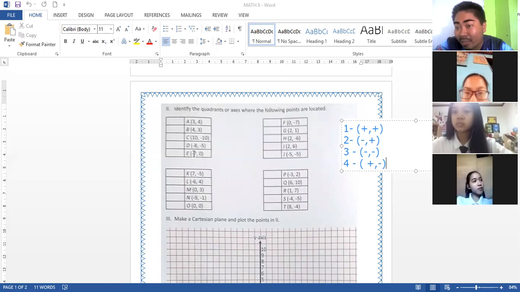Kapag X ang meron, ibig sabihin nasa X-axis siya. Therefore, ang sagot dyan is X-axis. Ganun na lang. Okay? Naintindihan ba? Basta nasa line siya, ibig sabihin, susulat nyo lang kung X-axis siya or Y-axis. Okay? Ganun lang. Susulat nyo lang 1, 2, 3, 4, X and Y.